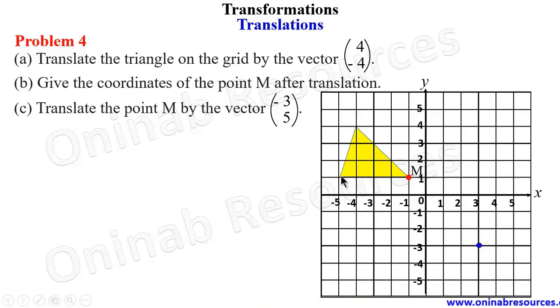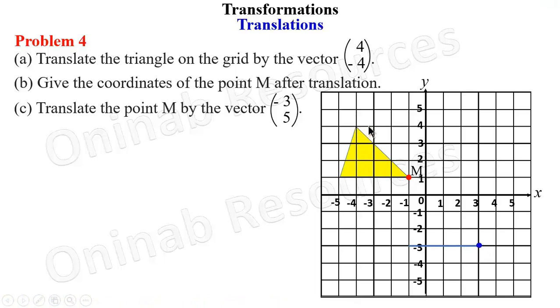We can now use this again. We move 4 units to the right, 1, 2, 3, 4, and 4 units downward. It is downward, remember, because it is negative 4. So we have 1, 2, 3, 4. This vertex here will be translated to this. We join it to our original point.